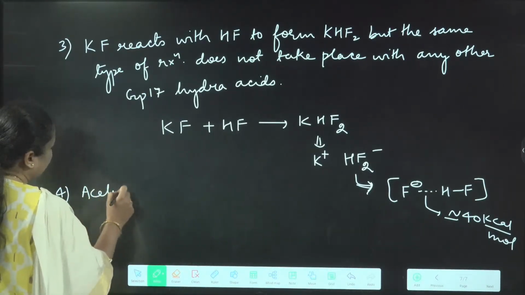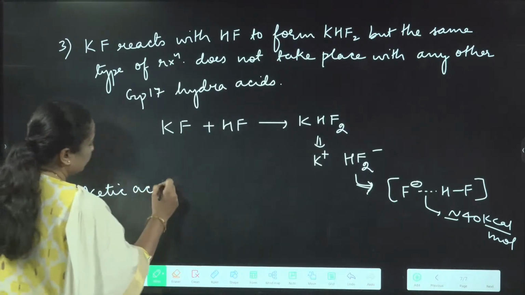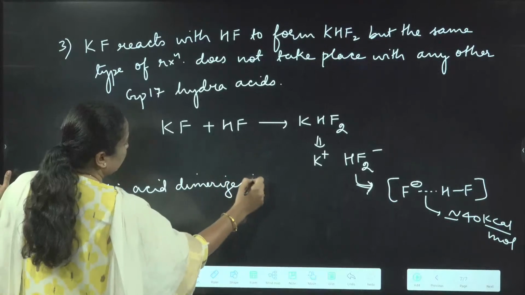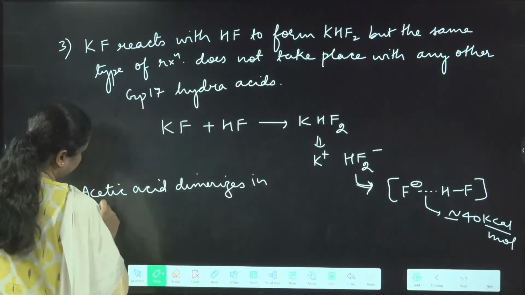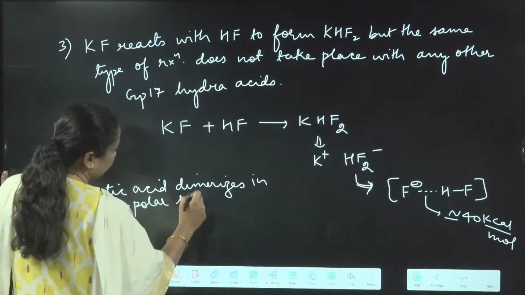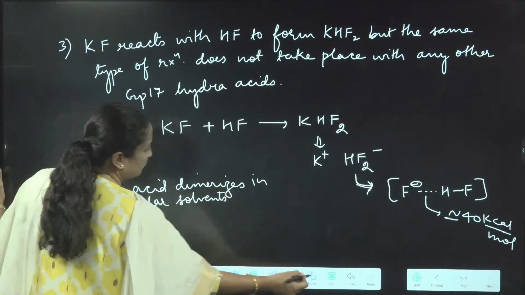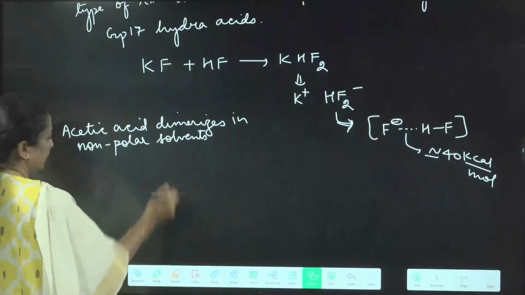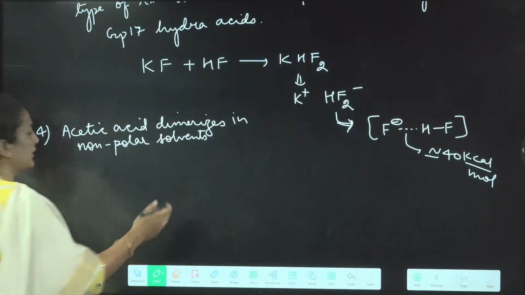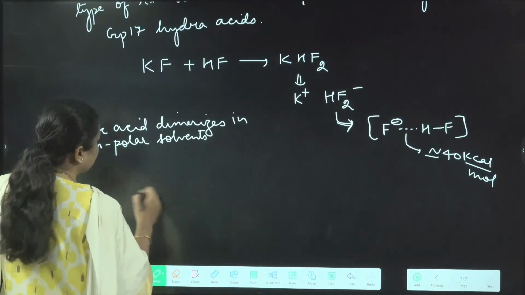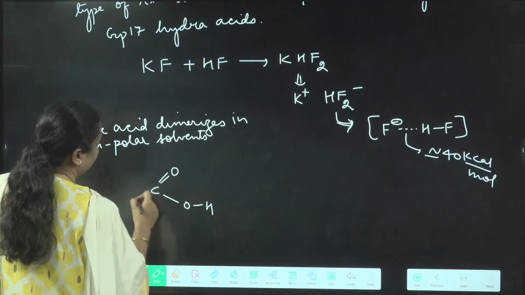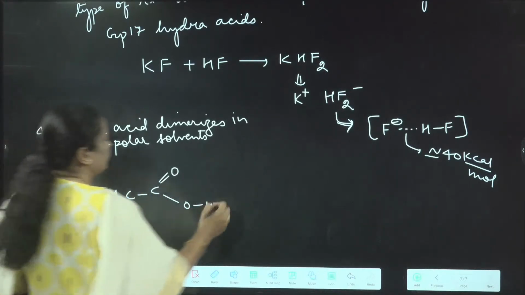Then I can also write that acetic acid dimerizes in non-polar solvents. So acetic acid, with a non-polar solvent like CCl4 or C6H6. You have acetic acid like this, C double bond O, OH, CH3.